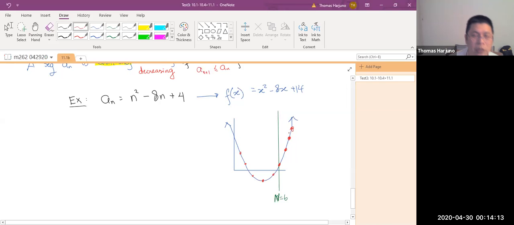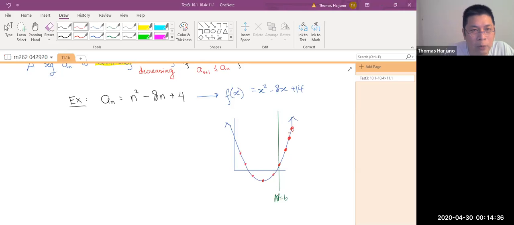All you need is you can find a capital N such that every term after that is increasing. So I may say, oh, when capital N is 6, and somebody else say, you know what, my capital N is 10. Fine. Because we don't care about what happened to the first couple terms. When we talk about convergency, we care about what happened when n is really, really big. Are you with me?